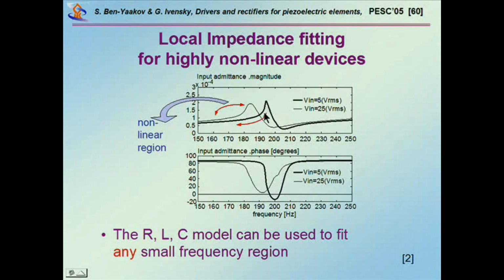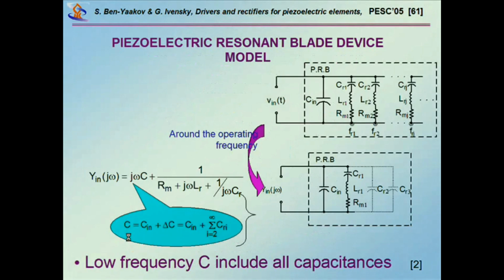But for small parts, you can do very good fitting. It turns out that the RLC model is very flexible, and you can fit it to just any shape. But it doesn't mean that the parameters really have a physical meaning, but as far as fitting and getting the model, then it's okay.